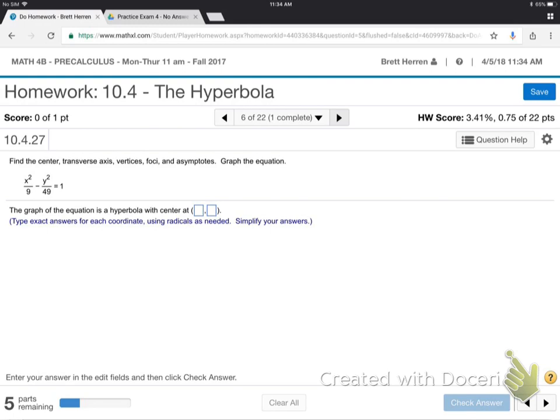Oh, that's on the y-axis. The y comes first, right? No, you don't have the same one. So I mean you can put like 9 or 49.